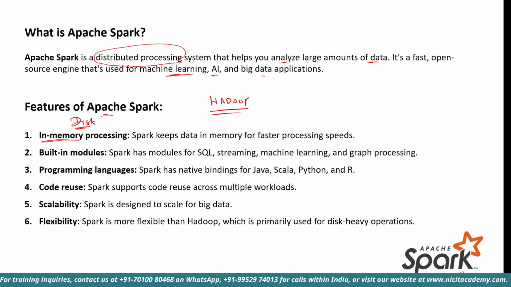But in Apache Spark, the advantage why people move to Apache Spark is it processes the data in memory. Spark keeps the data in memory for faster processing speeds, because if it is processing on the disk, there is an input output limitation. So on disk it goes at Mbps, but in memory it is quite fast.